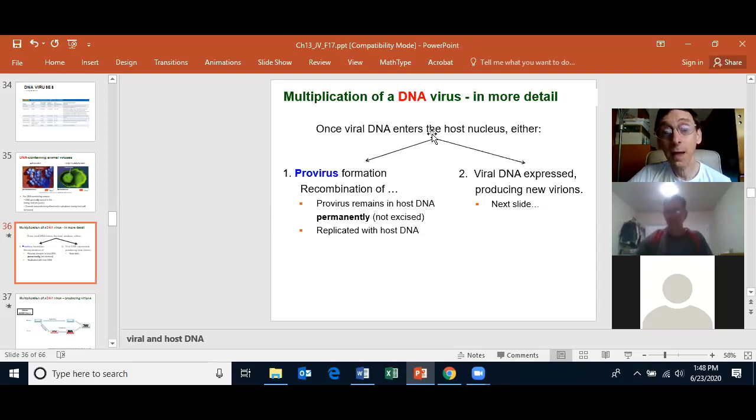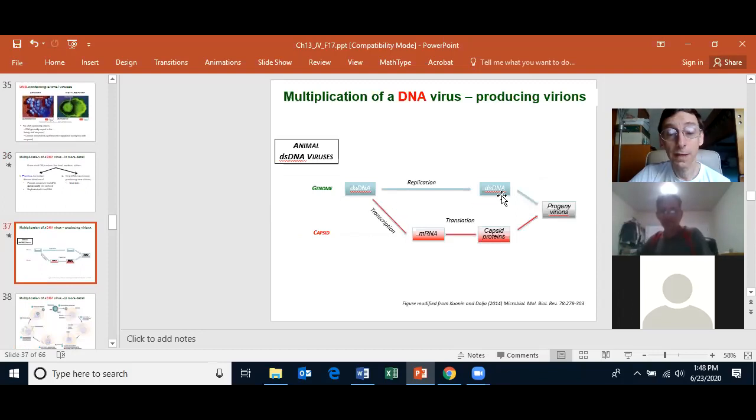The other thing that can happen when the viral DNA enters the cell is that the viral DNA can be immediately expressed, producing the viral proteins, and then the viral DNA can be replicated.